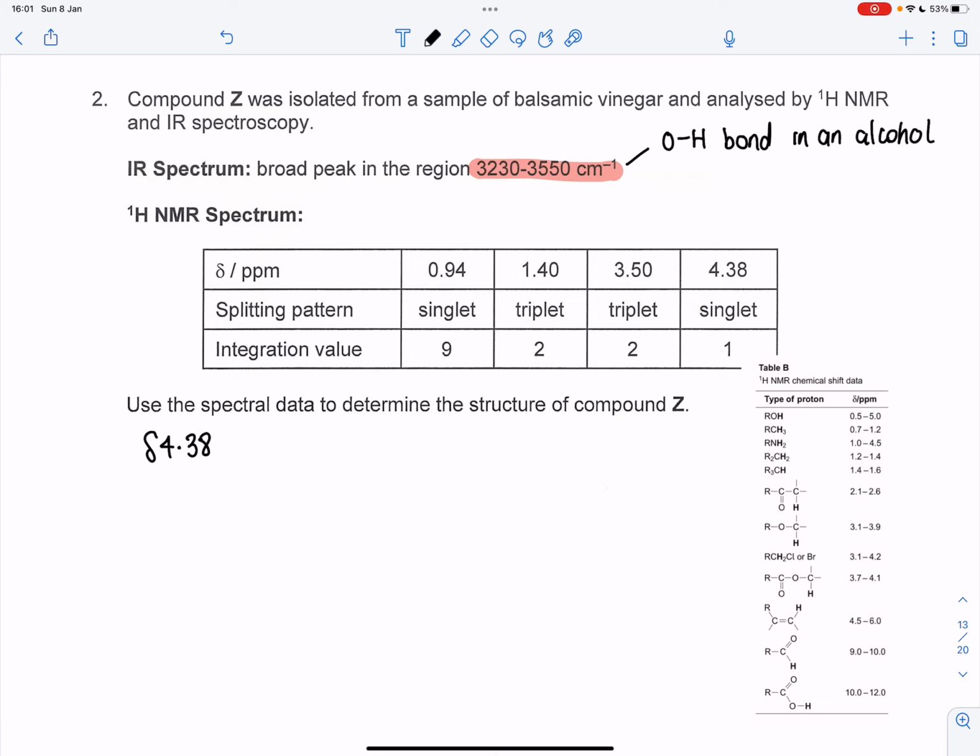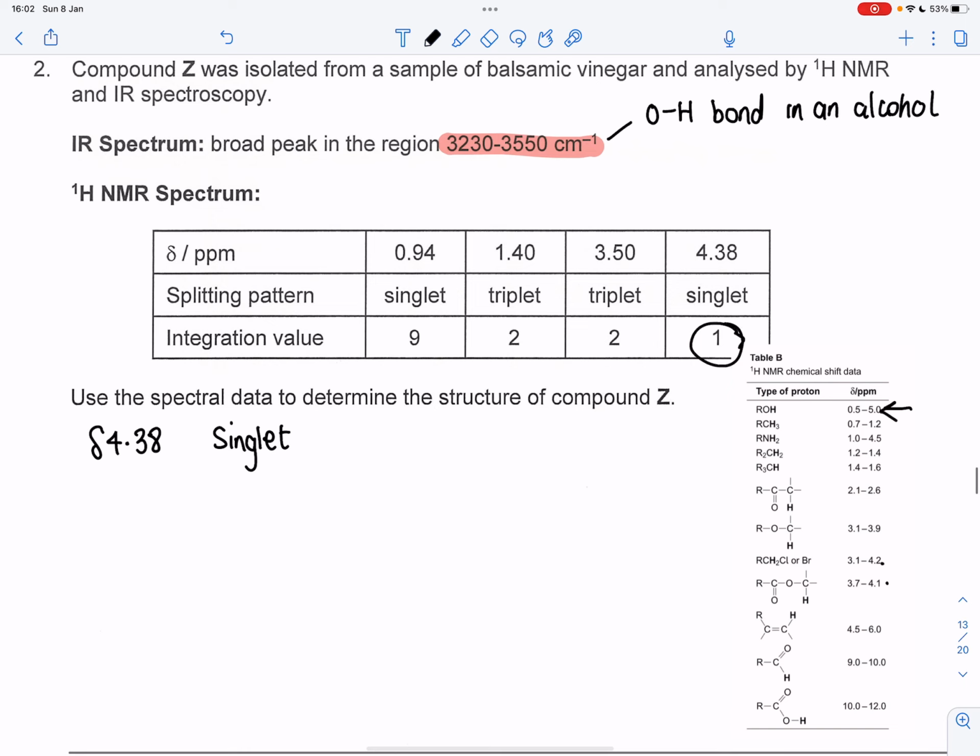Now, if we look down the list, 4.38 is not in that. It's not really in any of these, but it is in here. And we do know that that makes sense because it's a singlet. And we know that alcohol peaks are not split and do not cause splitting. So we know that that could be true.